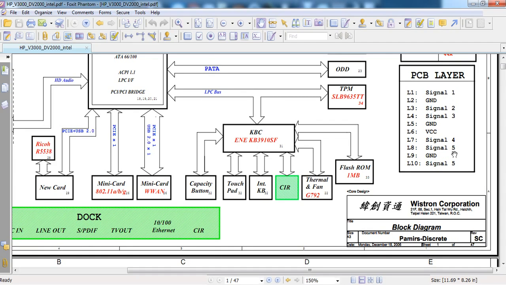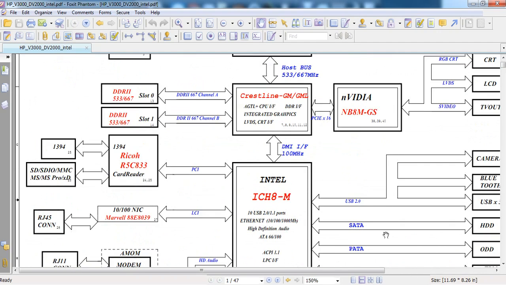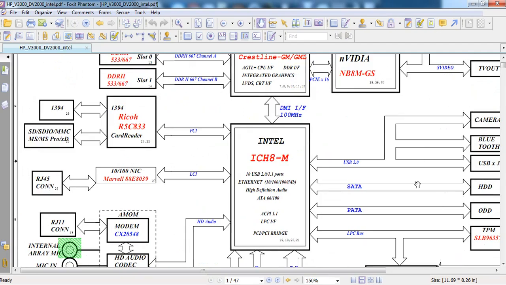Okay, and other layers are used for ground signals. This is the only one layer which is used to transfer the VCC voltages, and the other layers are used for grounds. Okay, so this is the definition about the block diagram.